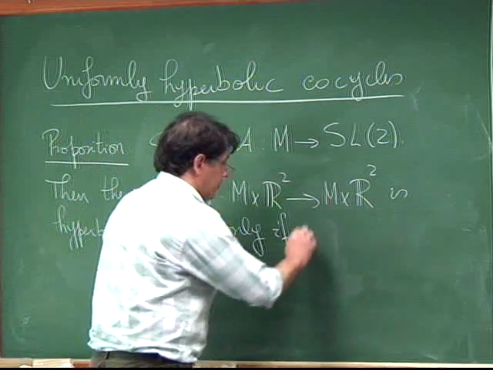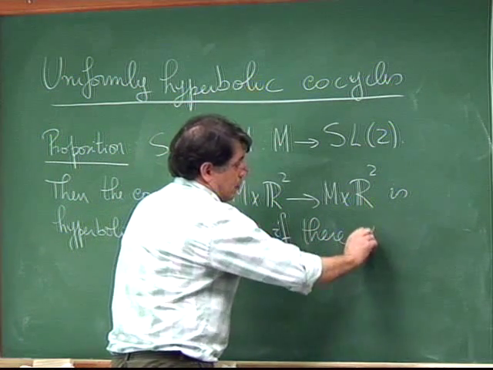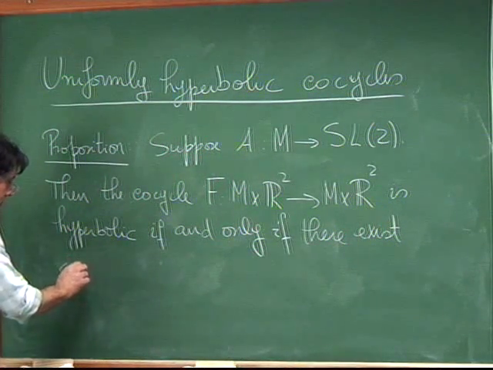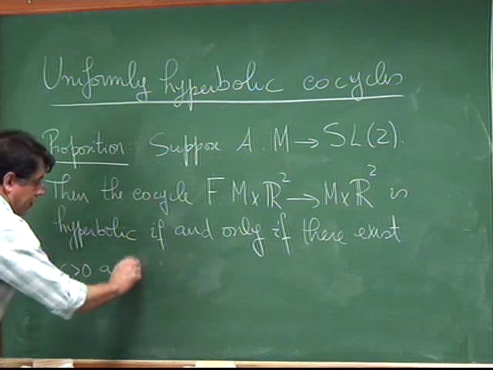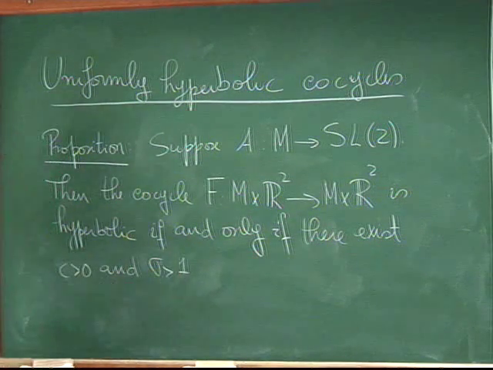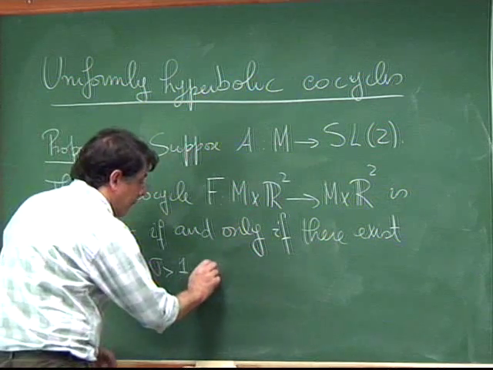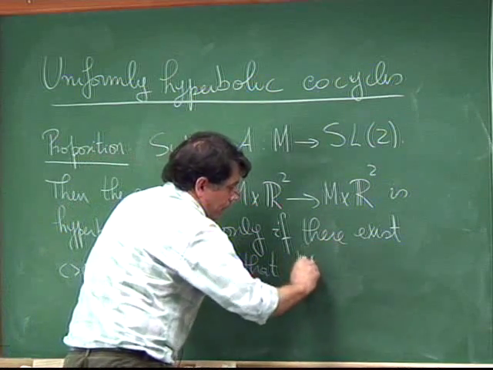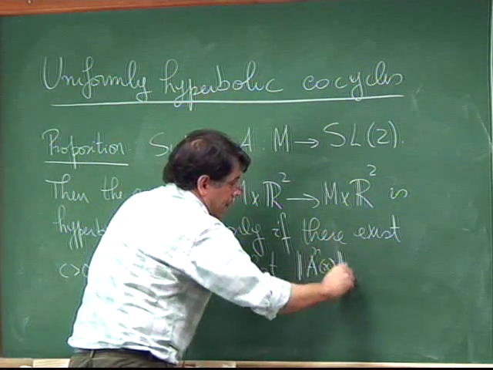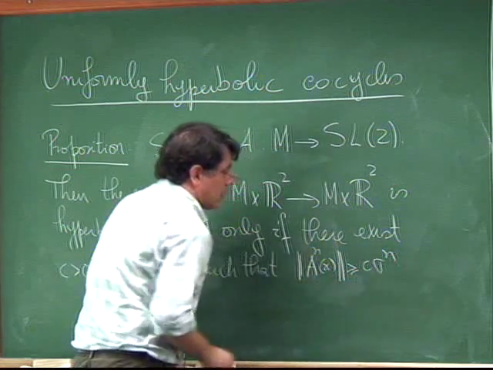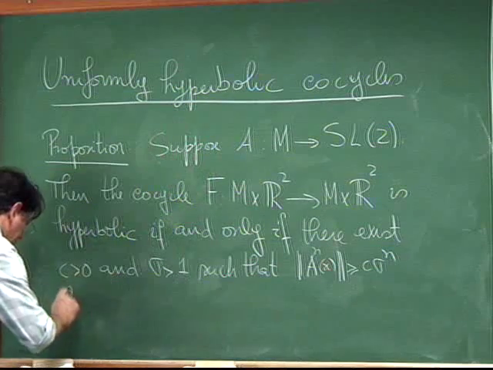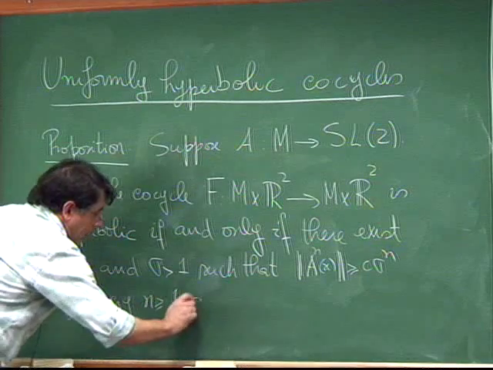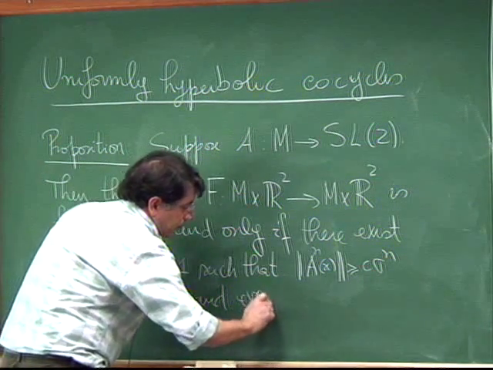The way to say that, if there exist constants C and sigma such that the norm of A^n(x) is bigger than C sigma^n for every n and every x.